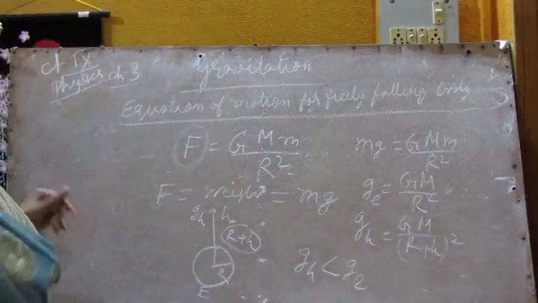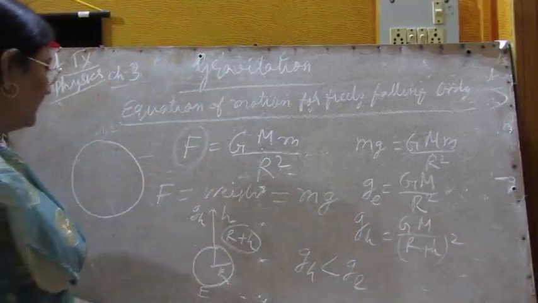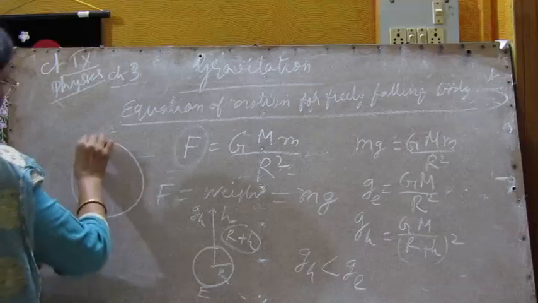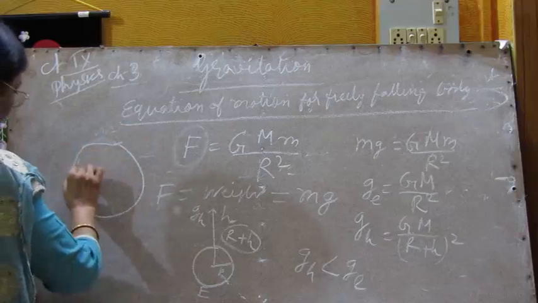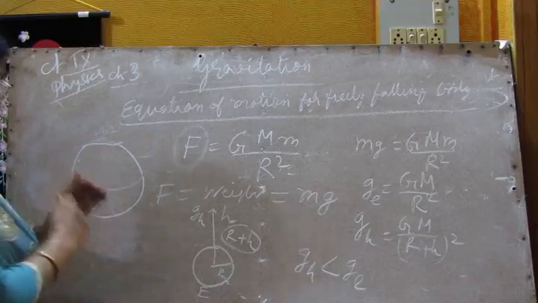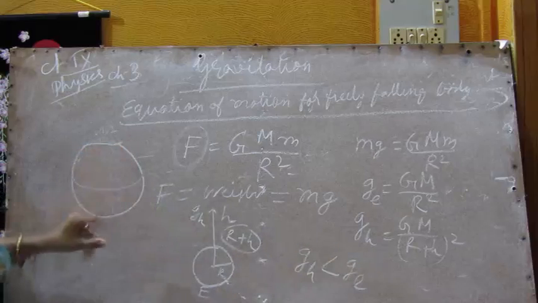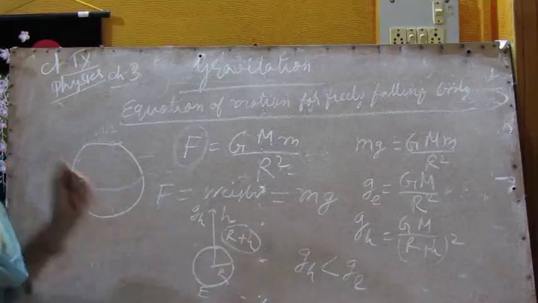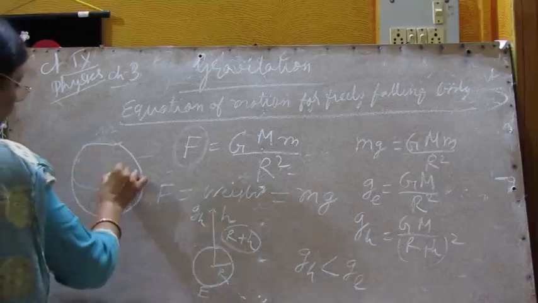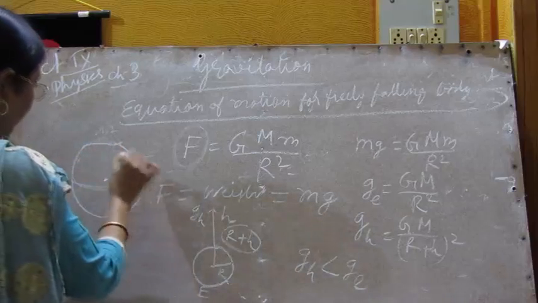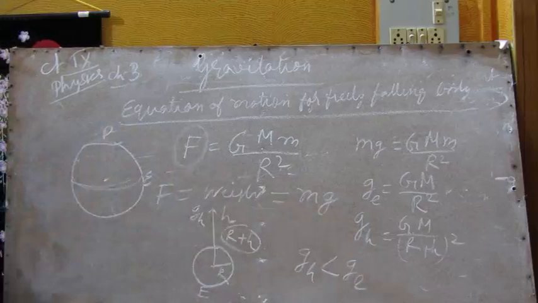Now with the variation of g, since our earth is not a fully circular ball, it is tapered at the poles and in the middle it bulges. Imagine this is the pole and this is the equator.